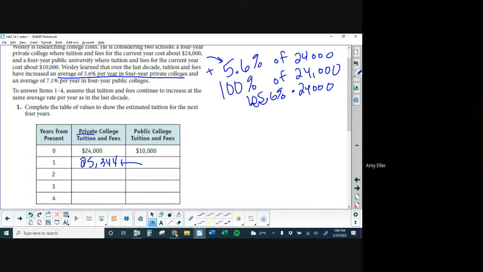Did you know once you type times 1.056 two or three times, if you just hit enter, your calculator knows it's what you want it to do? If you keep telling your calculator to do the same thing, eventually, if you just hit enter, it knows to do the same thing again. It's like a smart calculator, only it doesn't have internet. It's just smart.